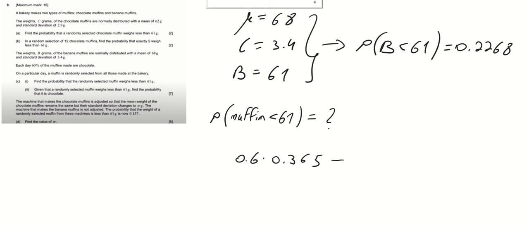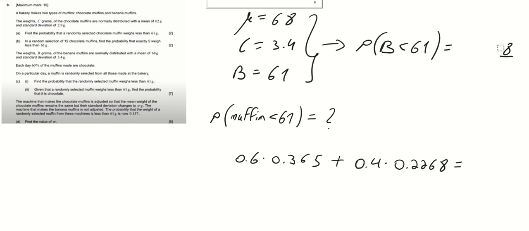And we have another option, that the muffin that we randomly choose was a banana muffin. For that the probability is 0.4, but then in order for this banana muffin to weigh less than 61, we have this probability. Sorry, now I realize I copied the wrong number.